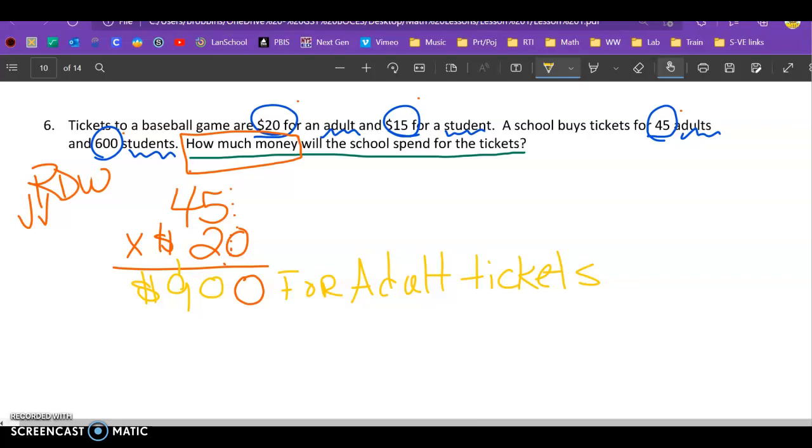And then the kids' tickets are going to be $15, and there's going to be 600 of those. So I'm going to try this one up here and do 600, but that 6 is going to be multiplied by $15. So I'm going to multiply it like that. I'm going to go ahead and bring down those 2 zeros.